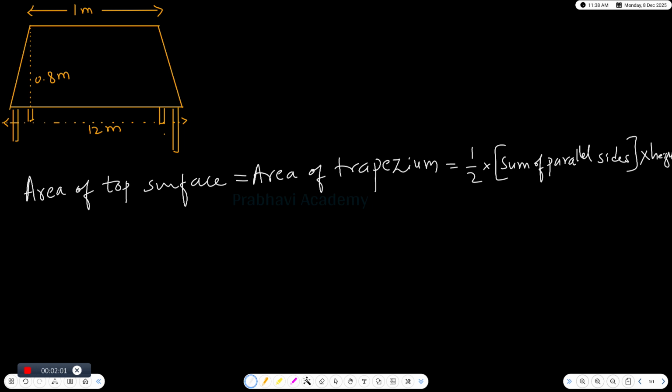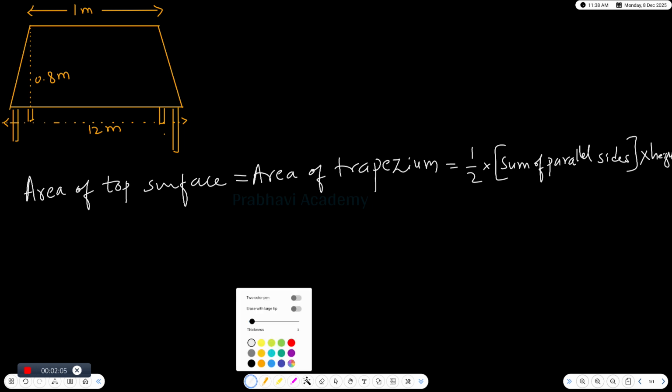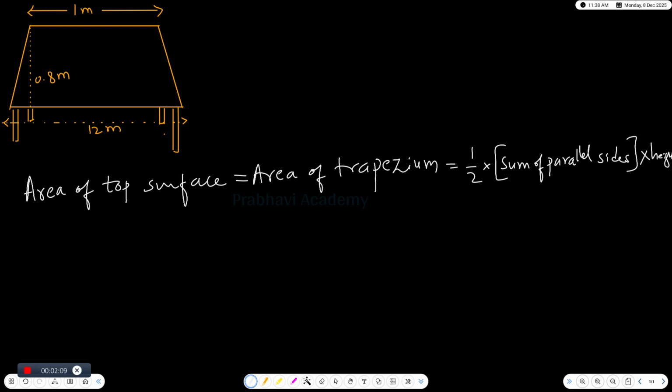So already we have been given the lengths of parallel sides. I will take the length 1 meter as A and this as B, and this will be my H.